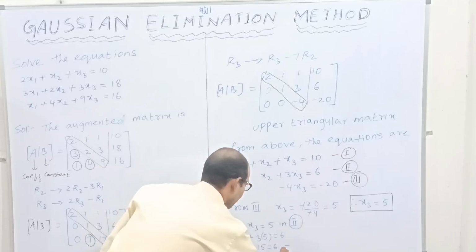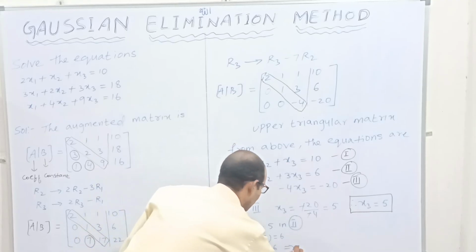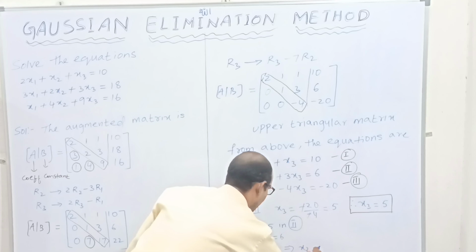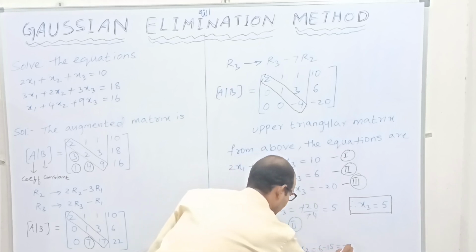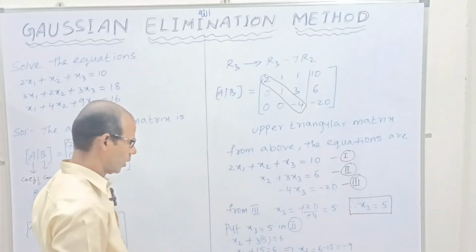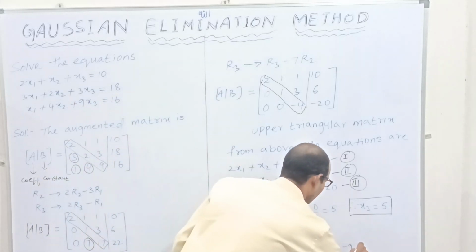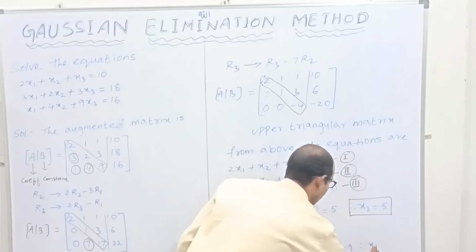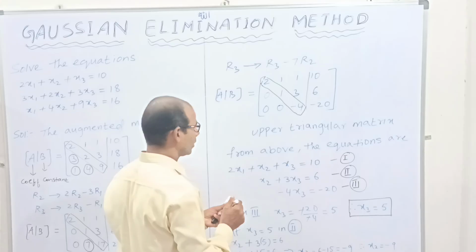If I move this 15 to the other side, it becomes minus 15, so x2 is equal to 6 minus 15, that is minus 9. Therefore x2 is equal to minus 9.